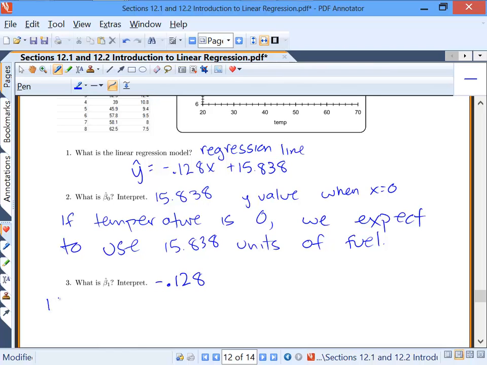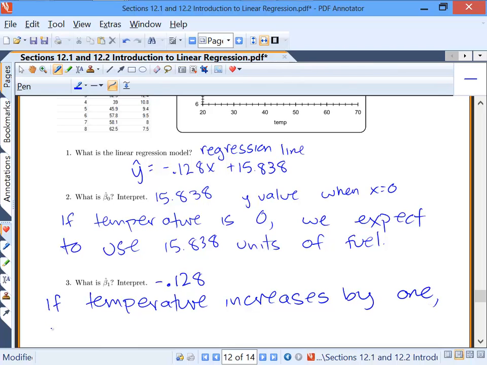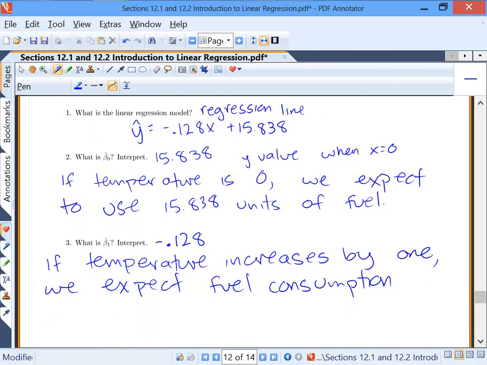So this means if temperature goes up 1, we expect fuel consumption to, since it's a negative slope, decrease by 0.128 units.